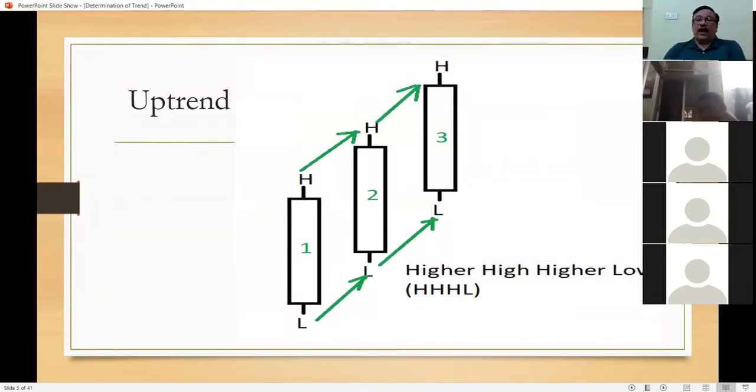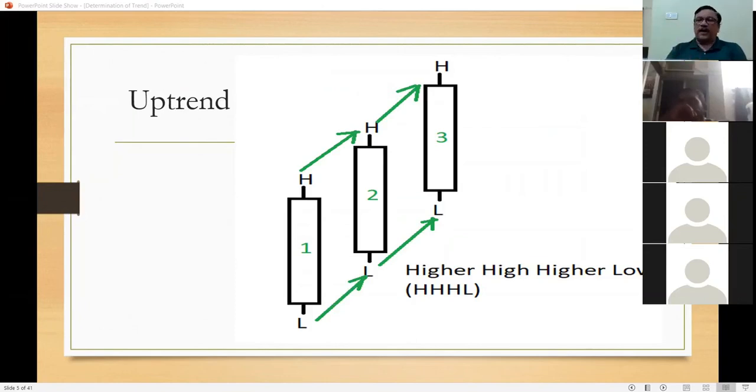Now, suppose we are saying there is an uptrend in the market. The classic definition of uptrend is higher high, higher low. Higher high, higher low does not necessarily mean price goes up, goes down, again goes up, again goes down. No. If today's highest price is higher than yesterday's highest price, it is a higher high.